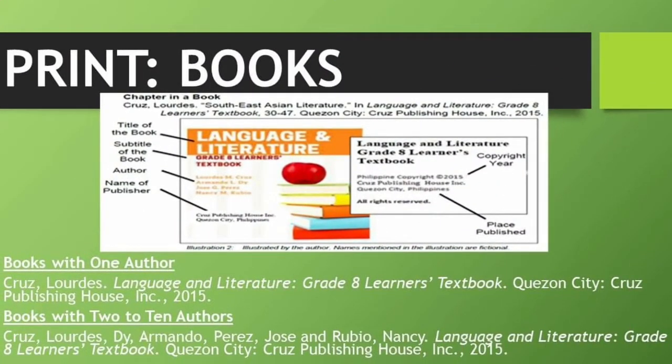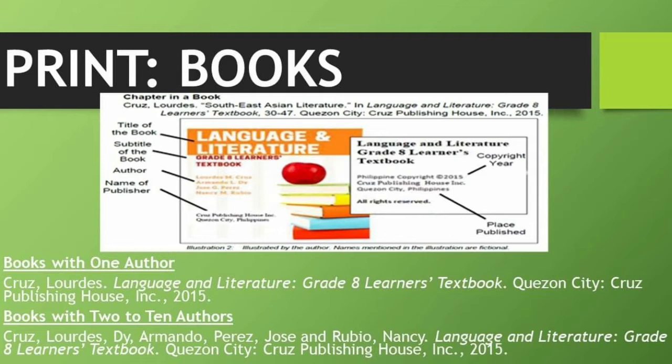As you can see, we have here two types of format. First is books with one author, and the next one is books with 2 to 10 authors. We have here a book entitled Language and Literature. Then the subtitle is Grade 8 Learner's Textbook, followed by the author, name of publisher, and the copyright year and the place the books were published.